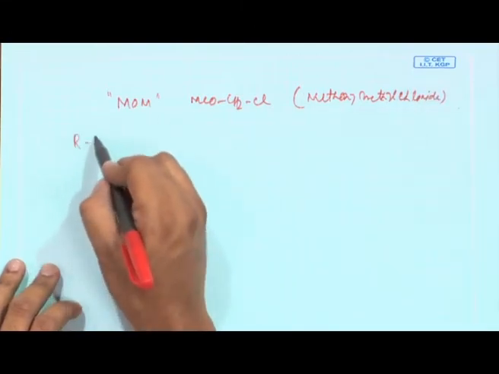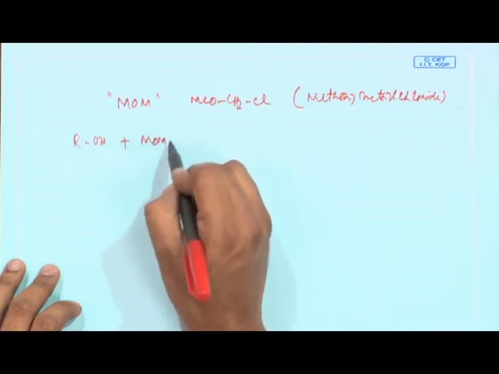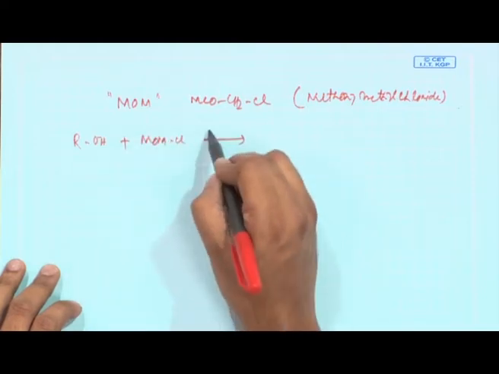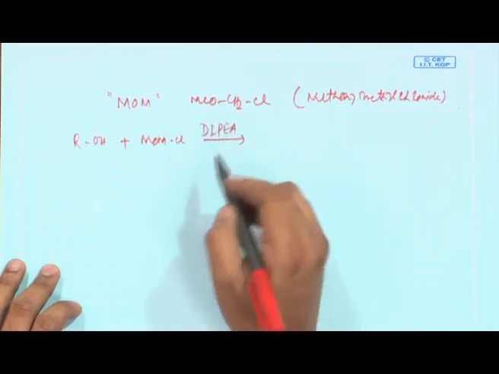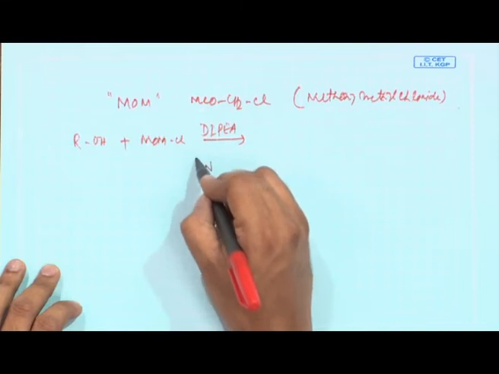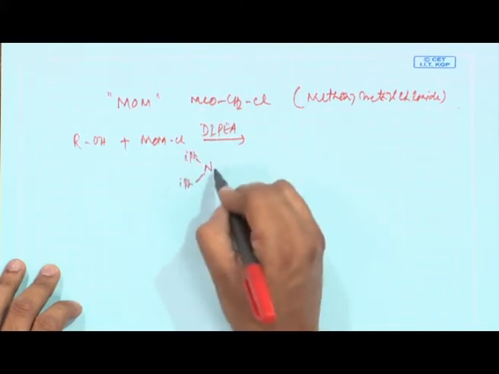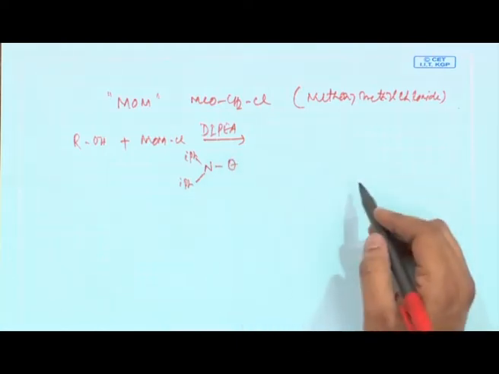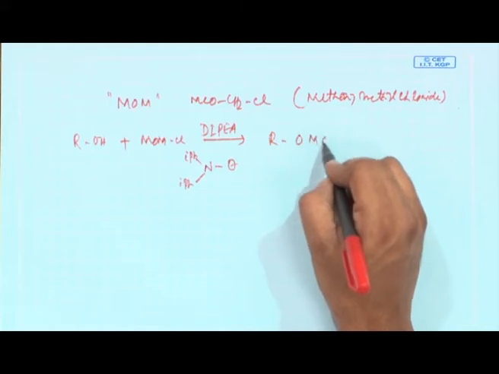You take the corresponding alcohol and react it with this MOM chloride with a base, normally the preferred base is DIPEA, diisopropylethylamine, or Hunig's base. Now, you get the corresponding MOM ether.